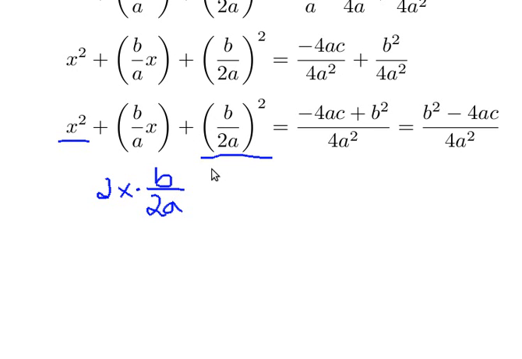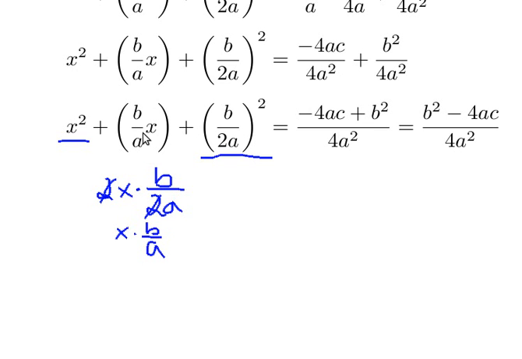This is the square root of the last term. And now let's go ahead and multiply across what we can. So we have 2x. Well, this 2 next to the x is going to cancel with this 2 in the denominator for the b over 2a. So that means this is going to equal x times b over a.